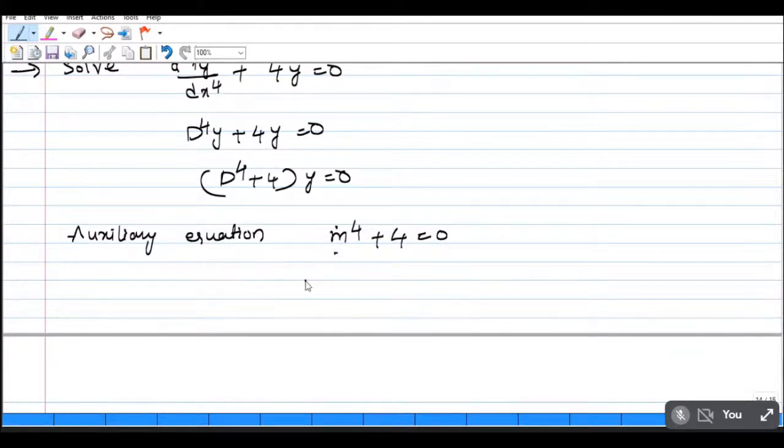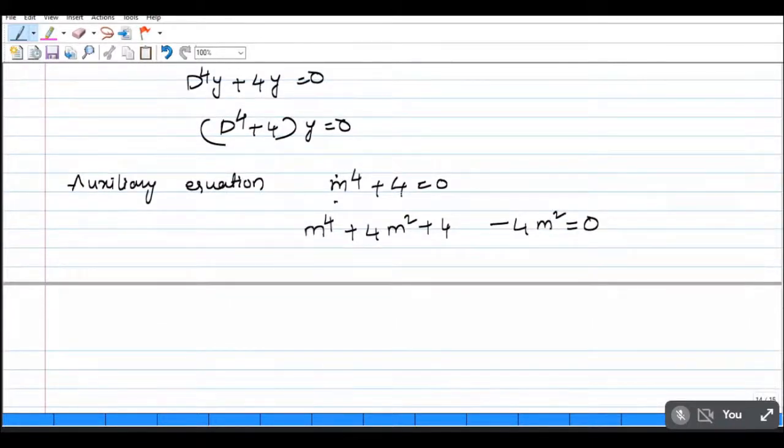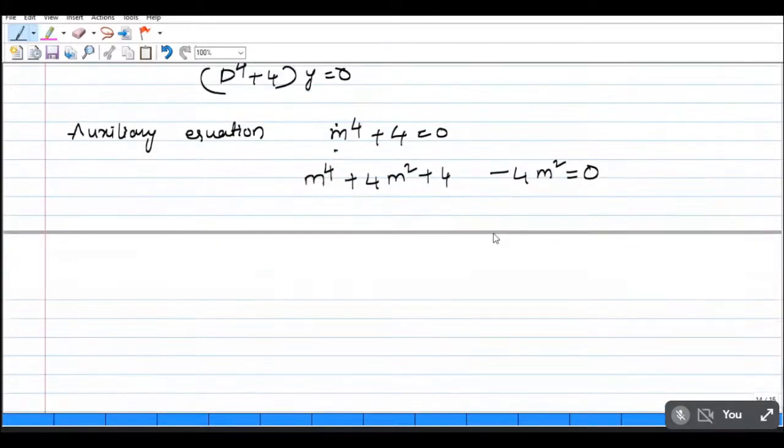Shall I write? (m square) whole square, no, m power 4. I'll add 4m square and subtract 4m square. A square plus b square is there, plus 2ab minus 2ab I'm writing, that's it.